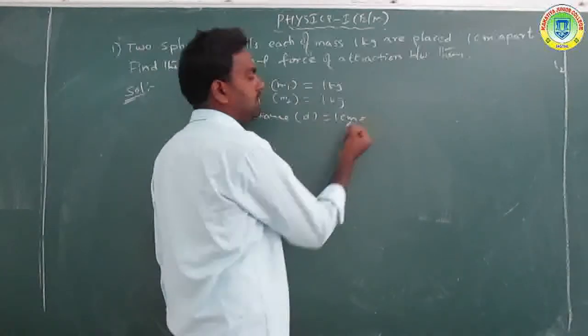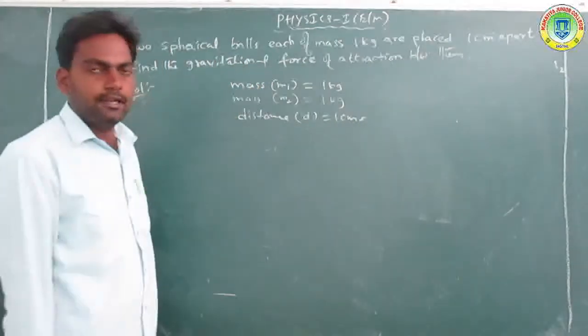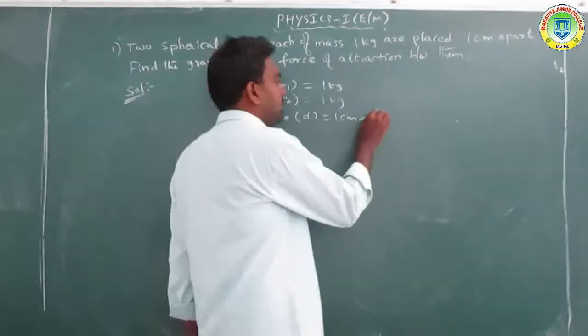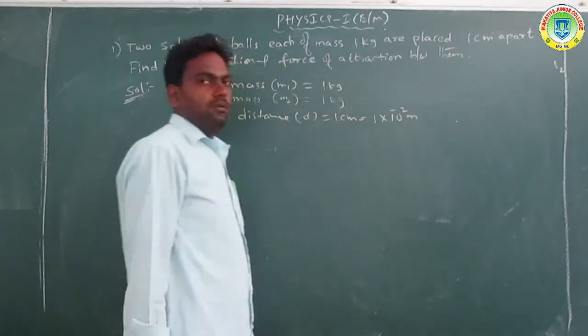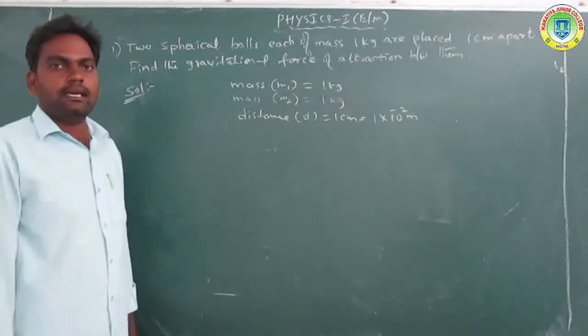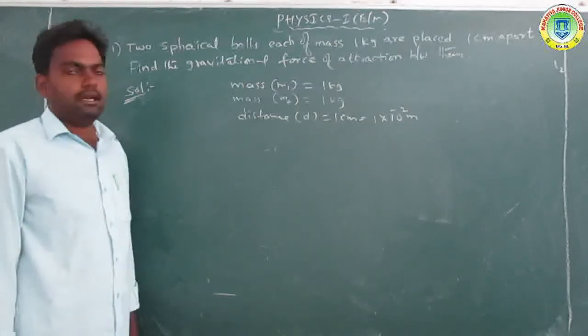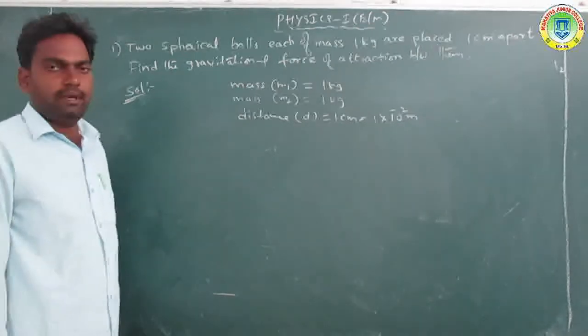Converting 1 centimeter into meters, it is 1 into 10 to the power of minus 2 meters.